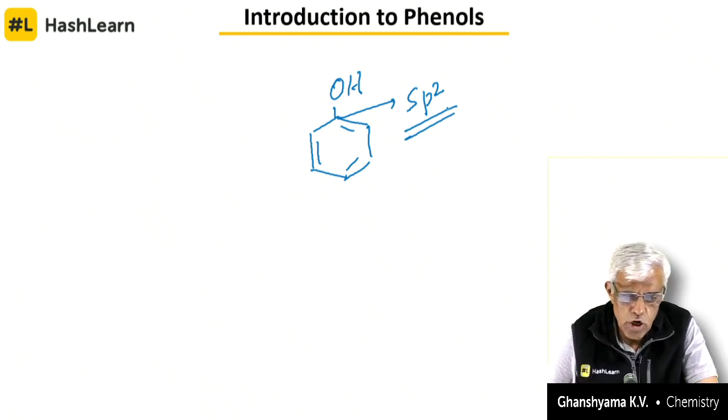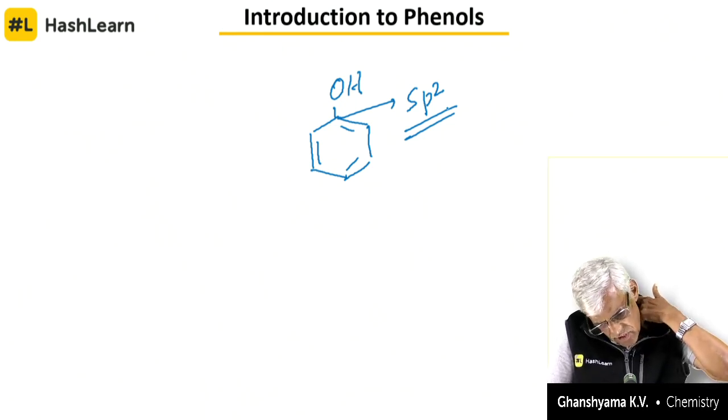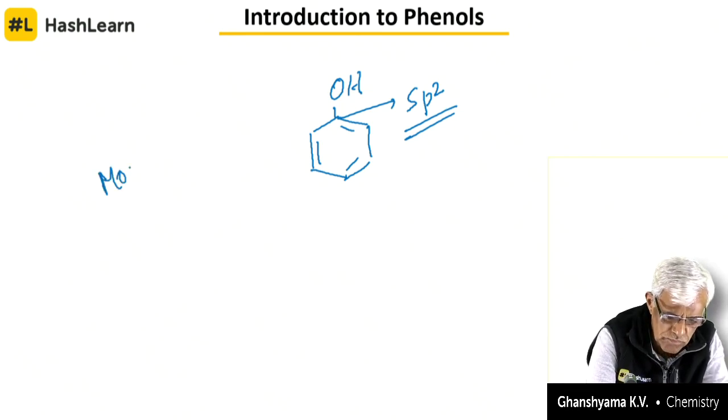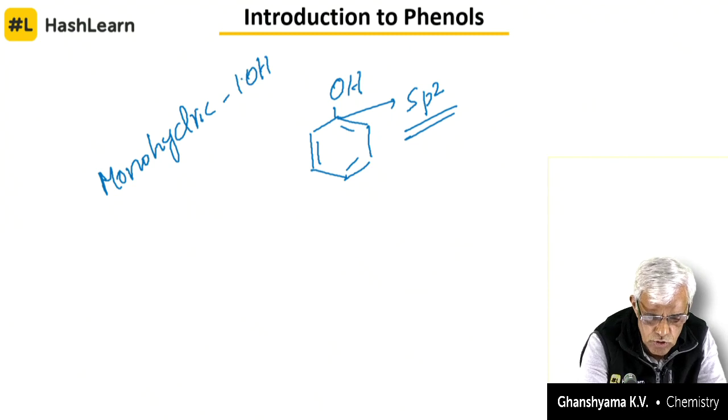Just like alcohols, phenols are also classified into monohydric phenols, those which contain one OH group.